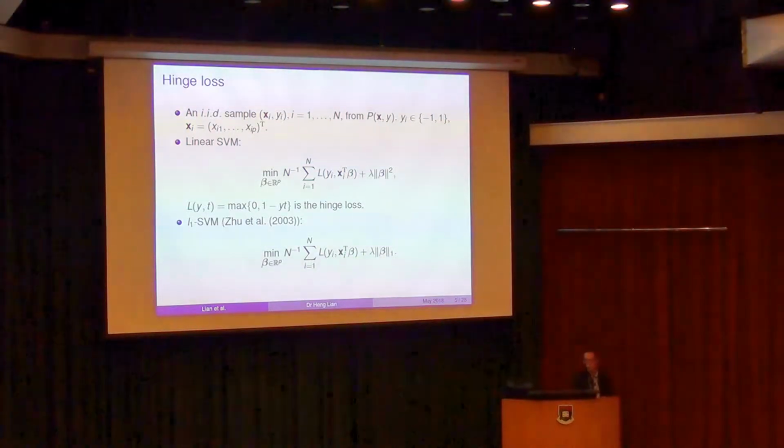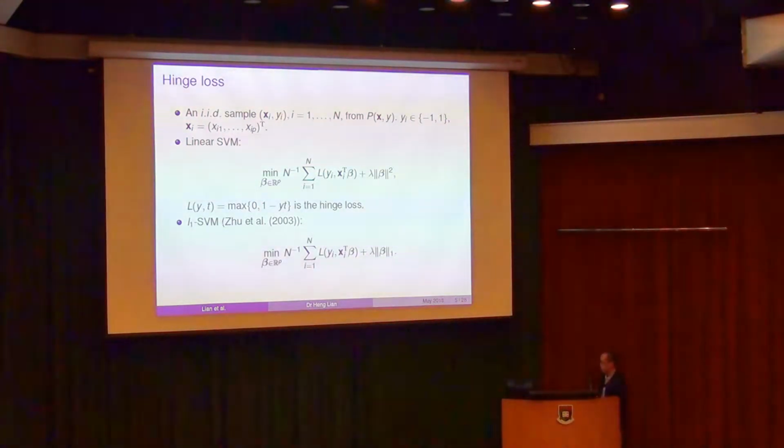So if after you optimize, you find that some components of beta are 0, that means the corresponding component of x is not affecting the prediction. So the advantage of using the L1 norm is that it can do variable selection automatically.